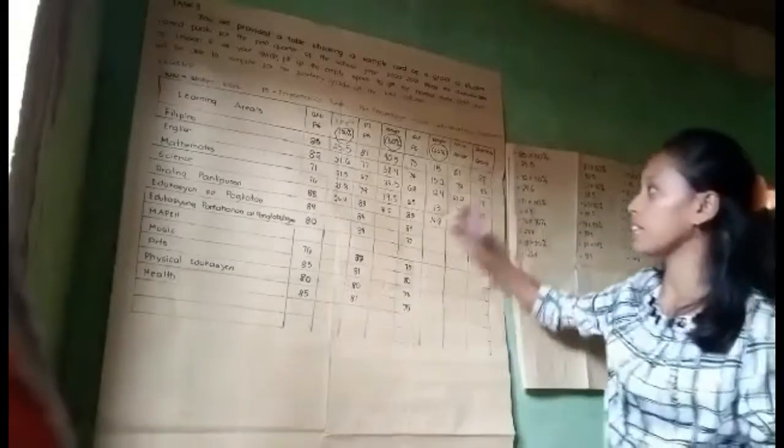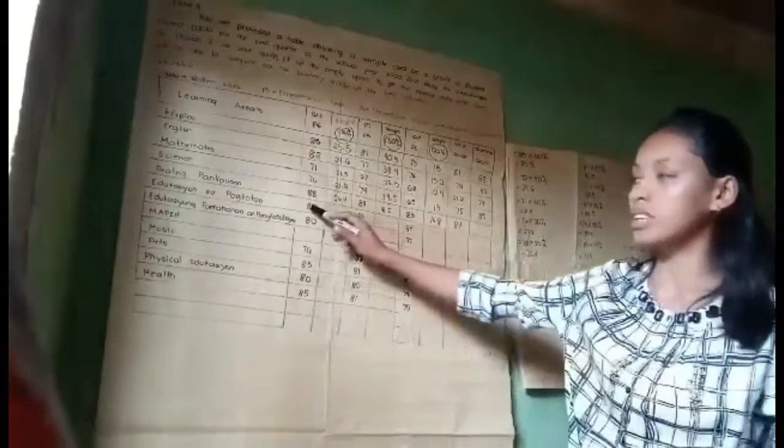So our initial grade in Araling Panlipunan is 84. So the quarterly grade of Araling Panlipunan in transmutation is 90.